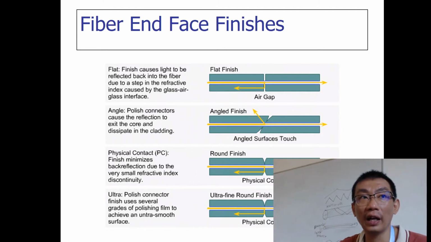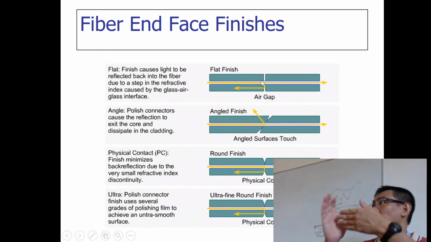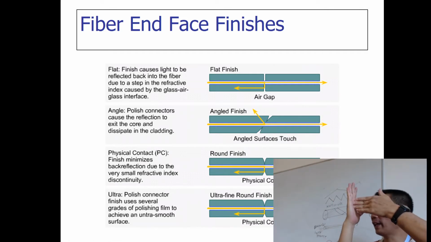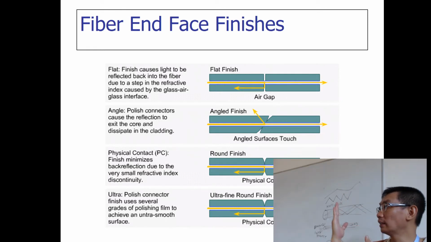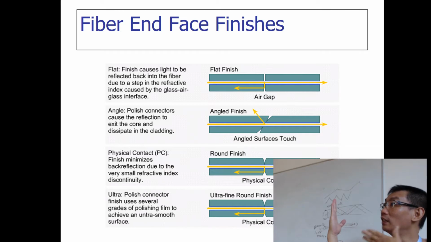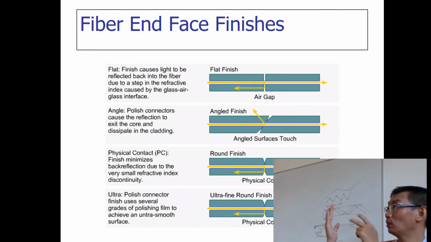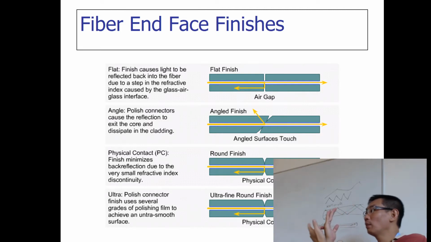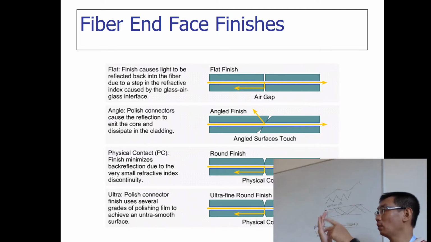Then apart from the air gap, because you are flat finishing, the fiber is like a mirror, it's glass. So when the light comes in like this, it will bounce back. Some of it will go through, some of it will bounce back.